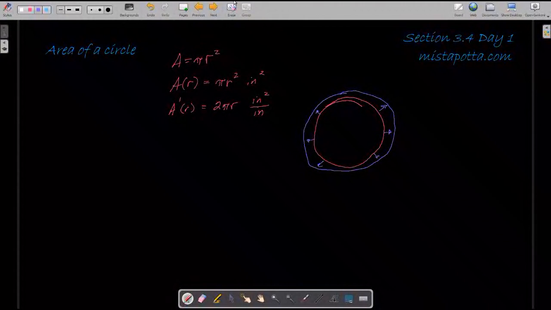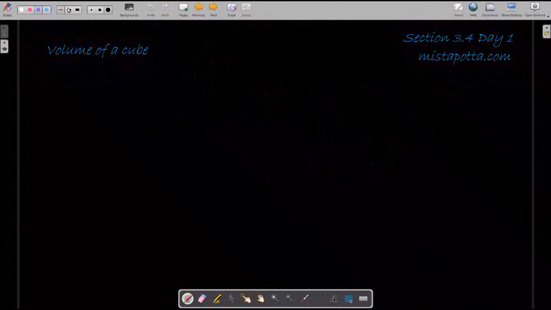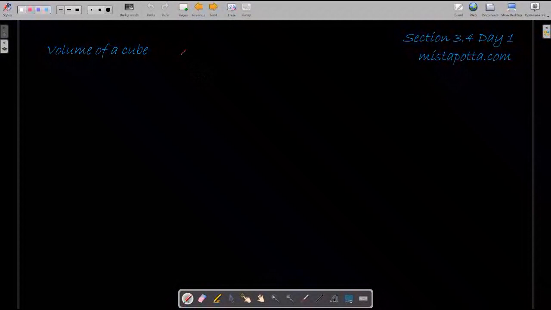If I take a look at this from the standpoint of the volume of a cube, I know the formula for the volume of a cube depends on the length of the side. It's the side cubed. And of course, my units here would be cubic inches.